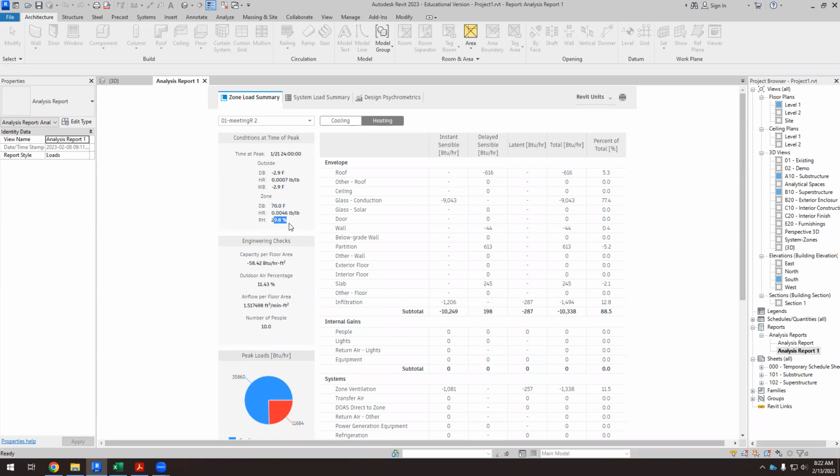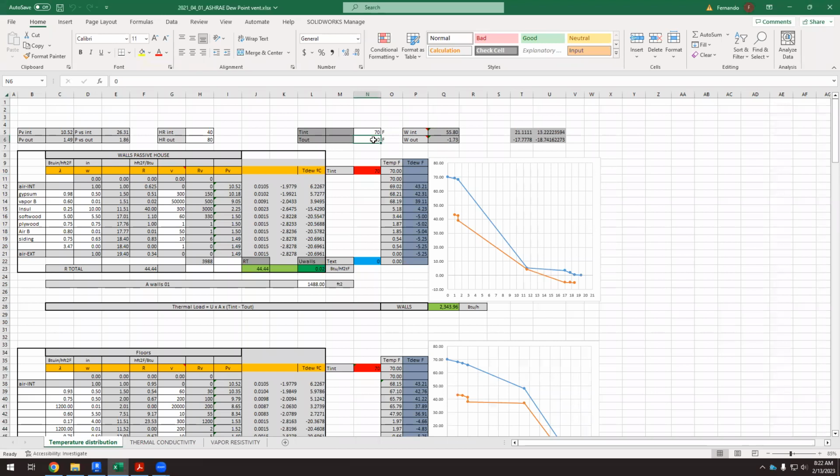So Revit, analyzing the whole year, finds the maximum heating load on January the 21st, and these are the temperatures that Revit has taken for that specific value. If we want to compare this, we should type here negative 2.9.